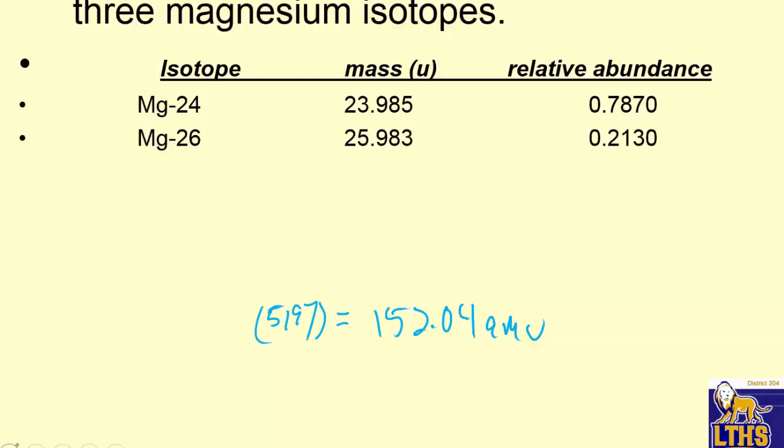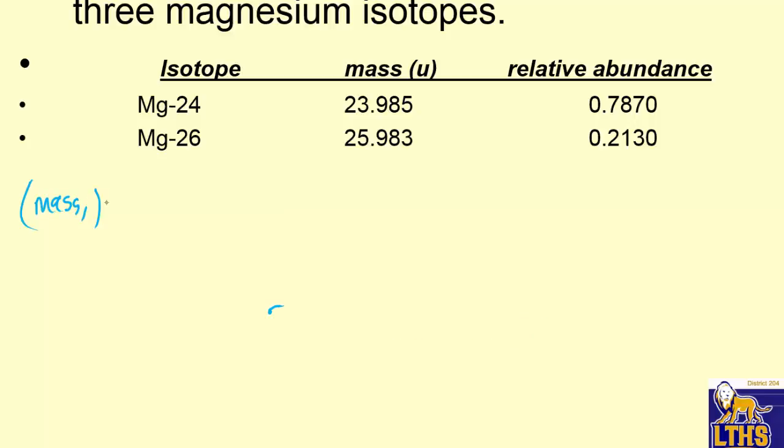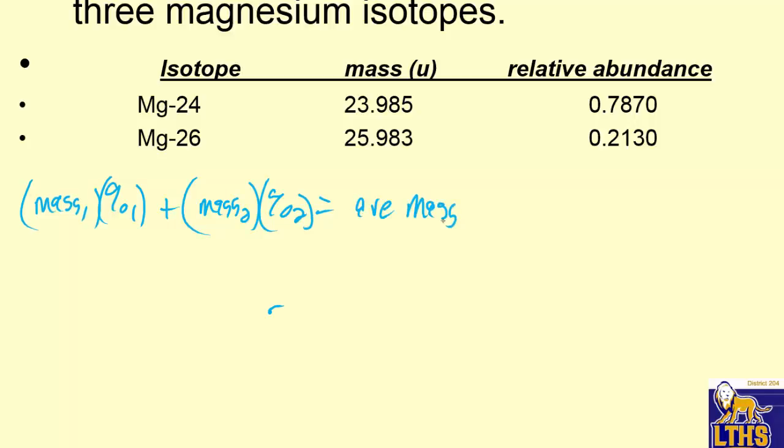Another format I can give it to you. Here's two isotopes. There's their masses. There's their abundances. Let's do it. So again, remember, mass 1 times percentage 1, plus mass 2 times percentage 2, equals average mass.